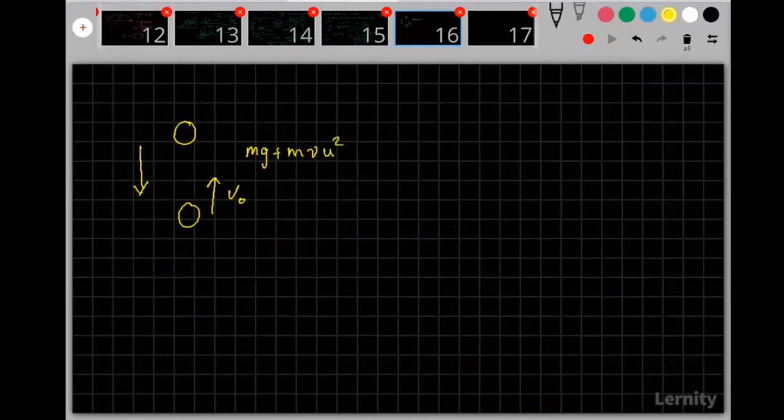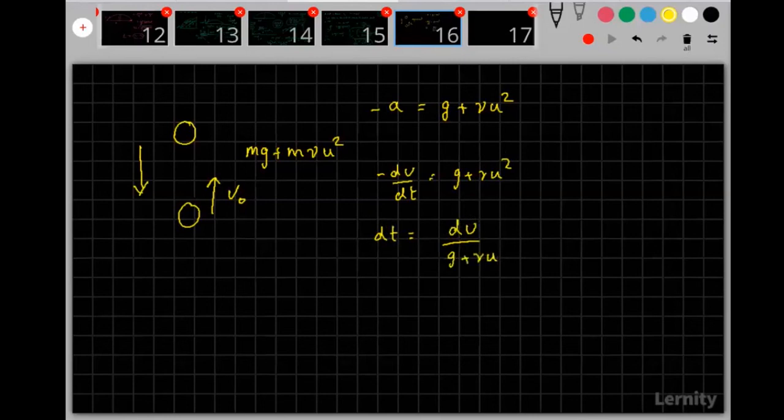So the deceleration is equal to g plus gamma u squared. So minus dv by dt is equal to g plus gamma u squared. From there I'll get dt is equal to du by g plus gamma u squared.